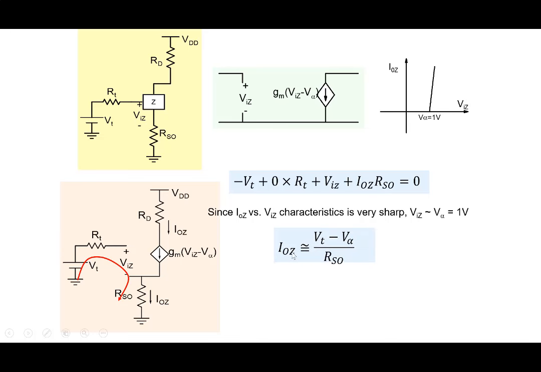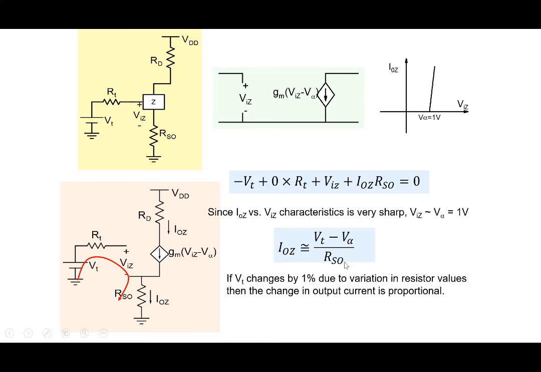So I0Z then becomes (Vt minus V alpha) by RS0 here. And note that basically the current is decided by this expression here, and the current is no longer very sensitive to parameters. The current depends on whatever bias voltage you apply and whatever resistance is here.